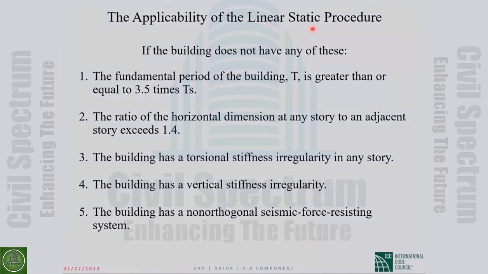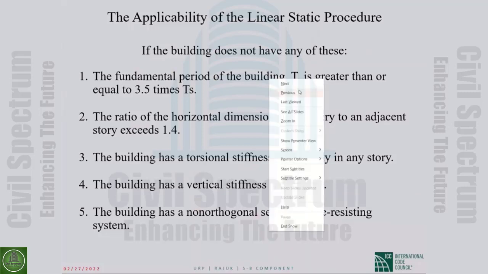Static or dynamic depends on mass and stiffness irregularity. You can see it is talking about period. Period is stiffness and mass. It talks about not torsional strength anymore. Torsional stiffness, vertical stiffness, all the things that mainly deal with the irregularity in stiffness or mass.